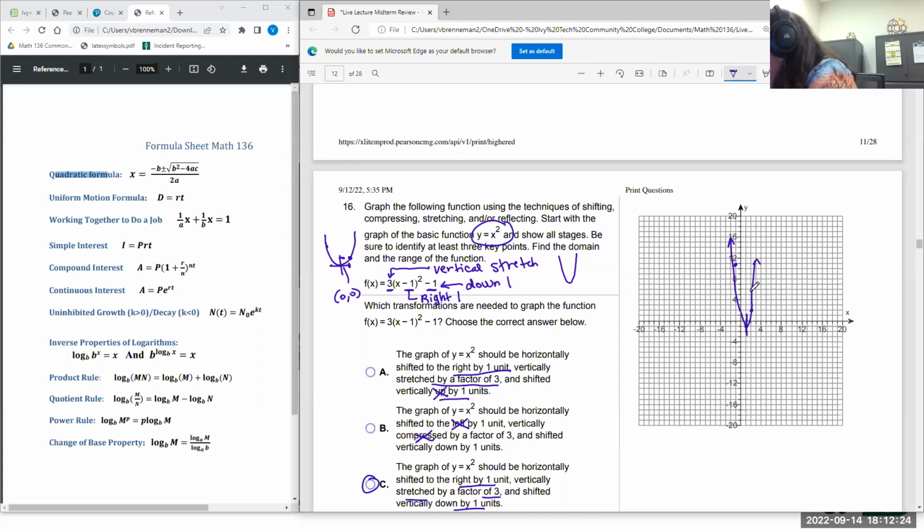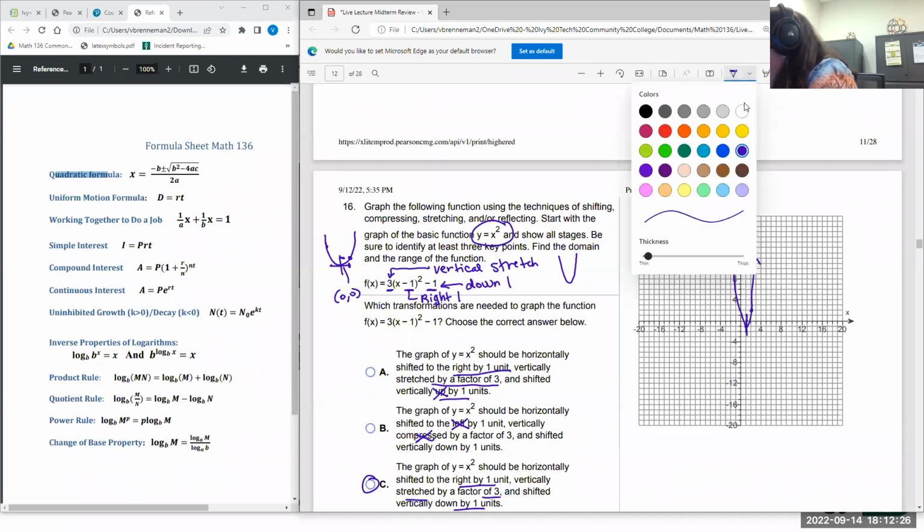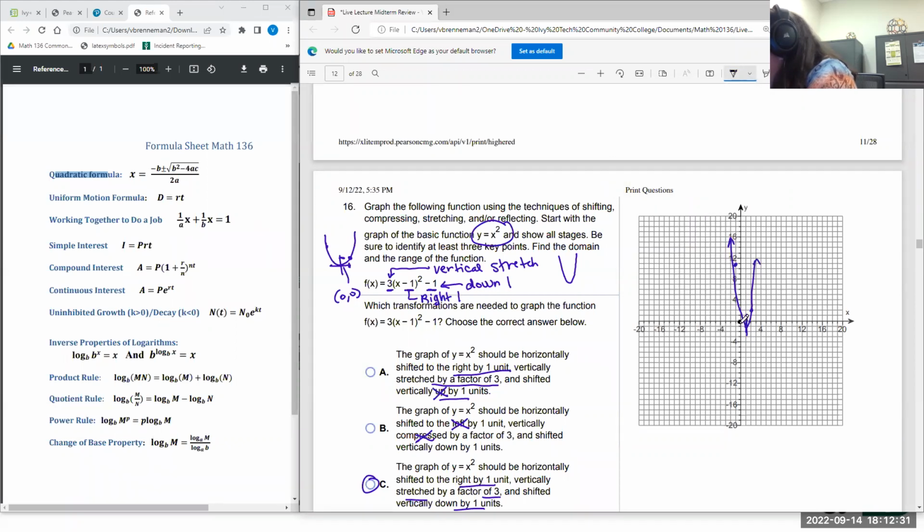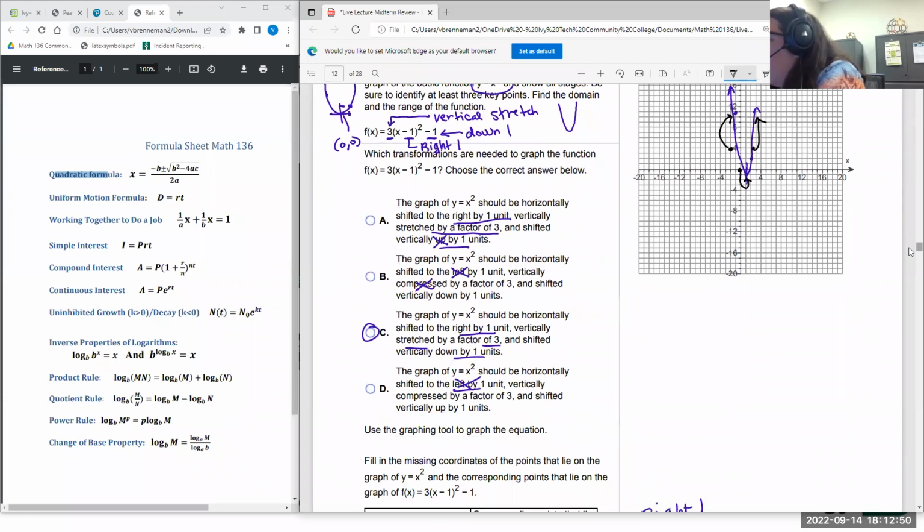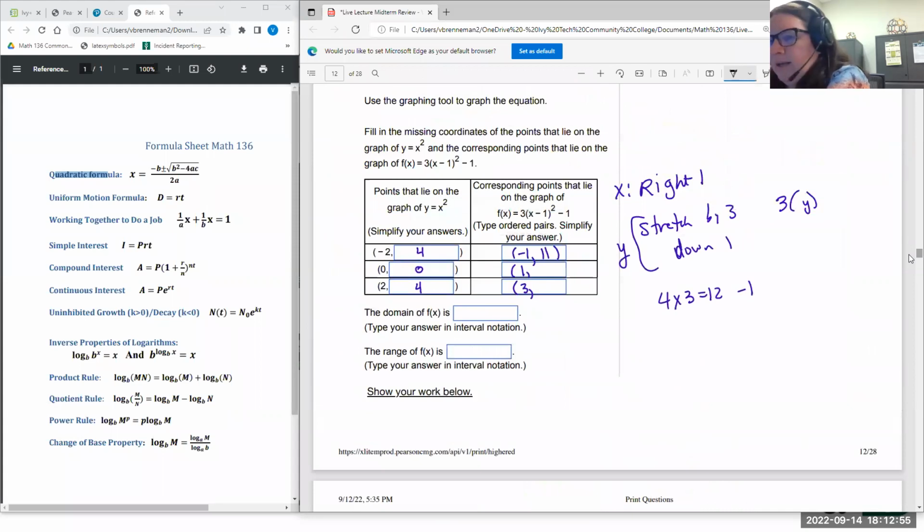So the standard graph would have been at 0, 0. That point moved over here to the new vertex. And then the point 2 units to the left here became this point here, and the point 2 units to the right as well. So we moved everything to the right by 1 unit, and then we're making it taller and shifting it down 1.